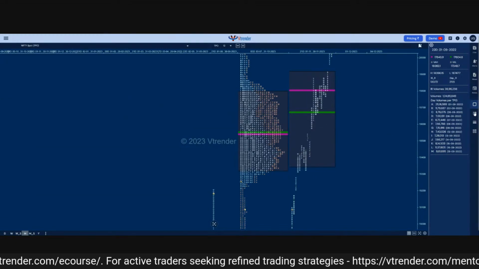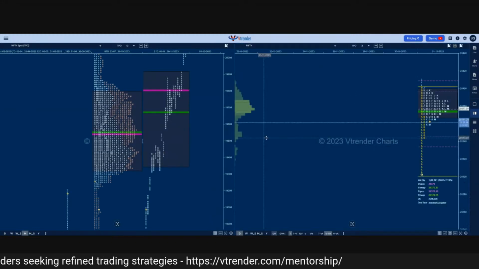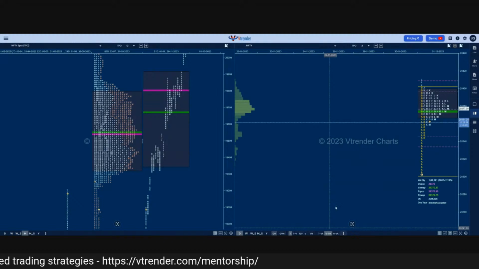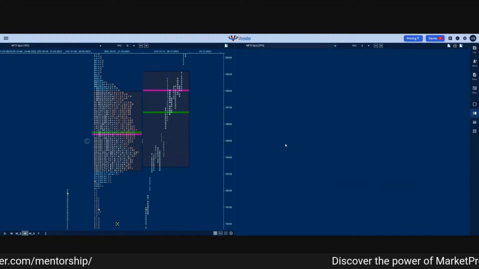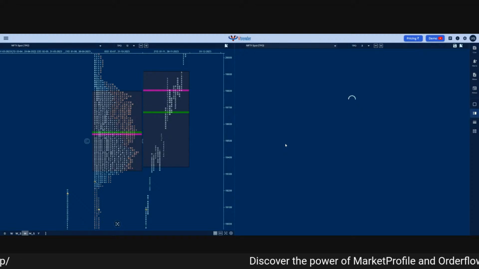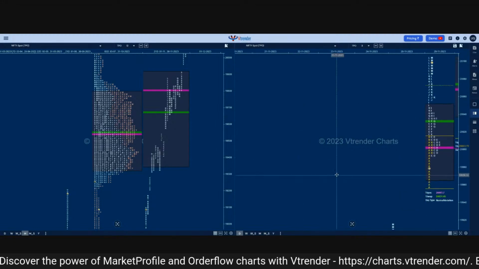You have this option of dividing this into two tabs, and I will open up the TPO daily chart on my right hand side, so that we can compare what is happening on the intraday front.